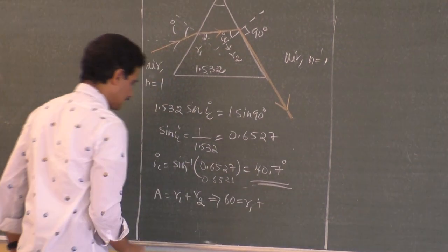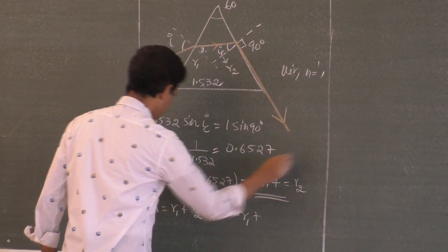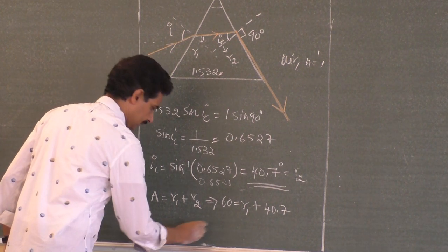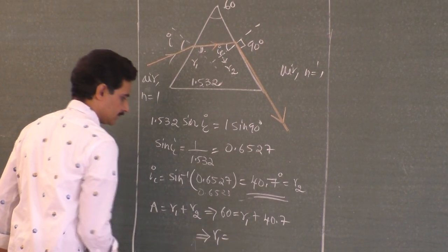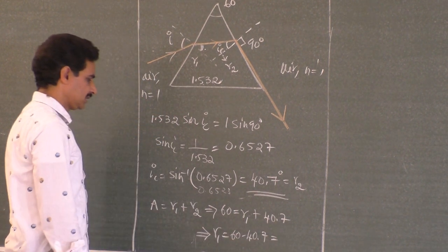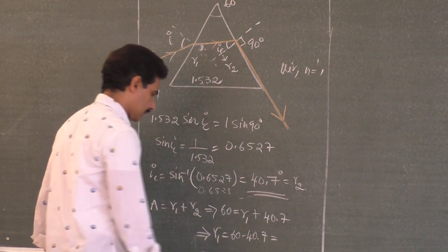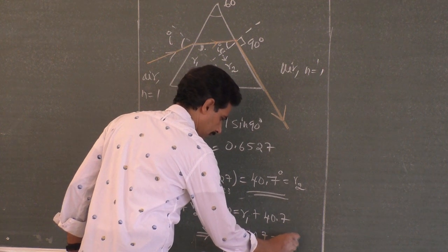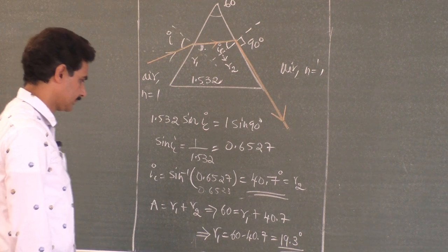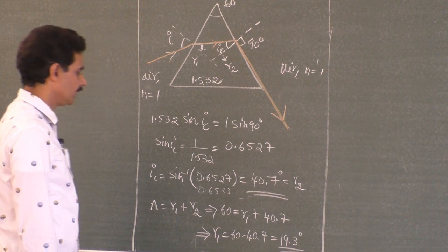IC is 40.7, so R1 is equal to 60 minus 40.7. 60 minus 40 is 20, but 0.7 less, so it is 19.3 degrees. If you add, 40.7 plus 19.3 gives 60 degrees. So 19.3 is R1.